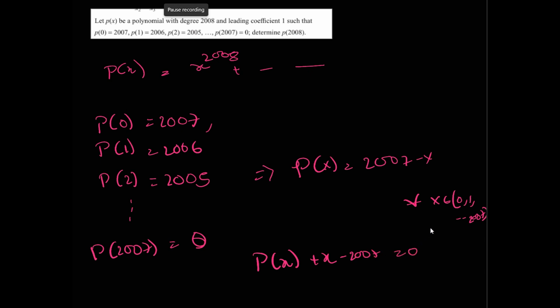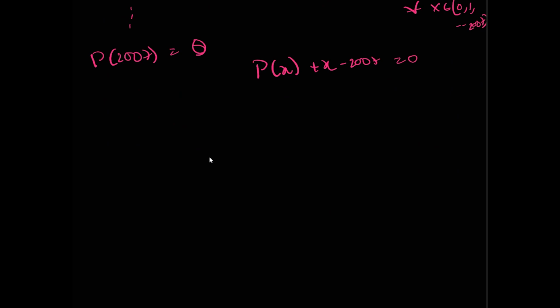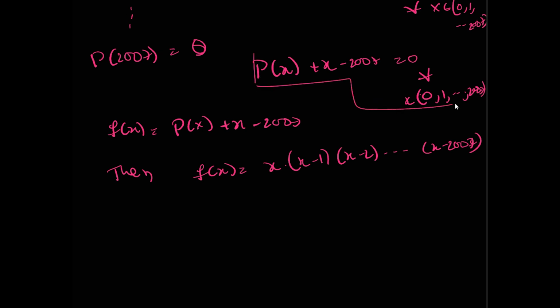That means if we take f of x as p of x plus x minus 2007, then f of x can be written as x into x minus 1 into x minus 2 and so on up to x minus 2007, since 0, 1, 2, 3, and so on up to 2007 are the roots of the equation f of x equals to 0. From here we will get that.